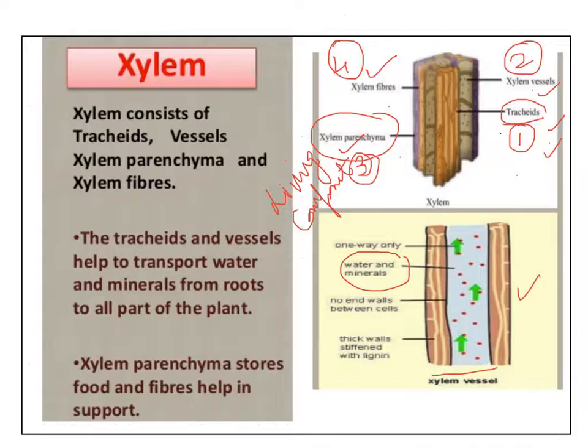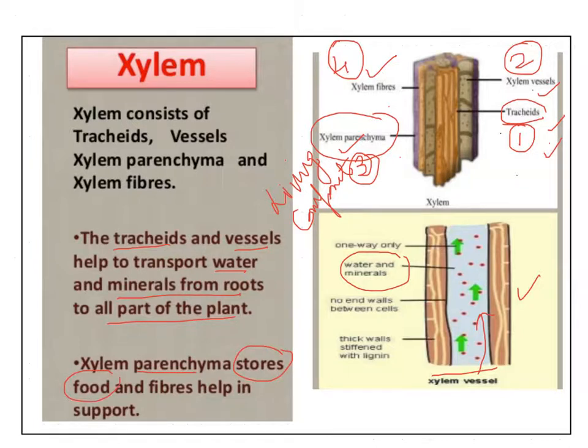Water from the roots will reach up to the leaves. Tracheids and vessels transport water and minerals from roots to all parts of the plant. Xylem parenchyma will store food.